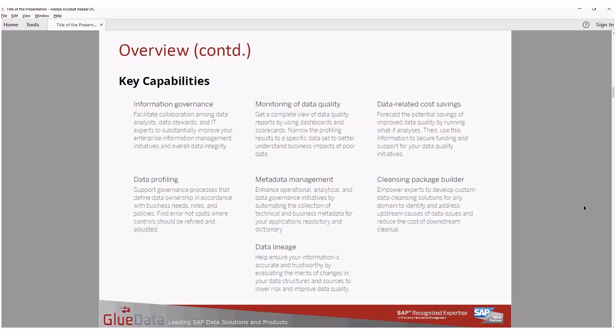And then cleansing package builder is another tool within Information Steward. It's all about standardizing data. So you can build standardization rules. It also parses the data, and then it splits the data out based on your rules into different elements, and you can then go and clean up your data based on that, effectively standardizing the data, and obviously reducing the cost of downstream impact.